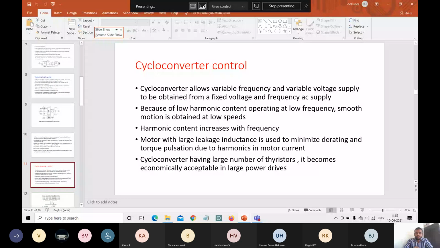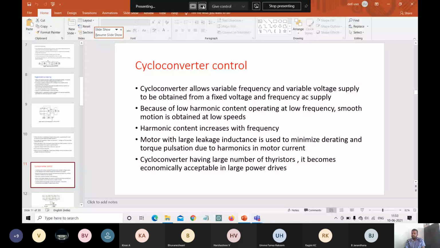As I told you yesterday, the cycloconverter and the voltage source inverter are our two main sources to get variable frequency as well as variable voltage supply.